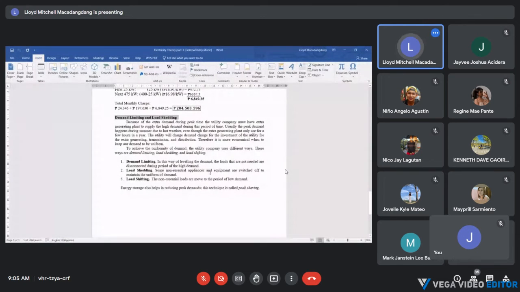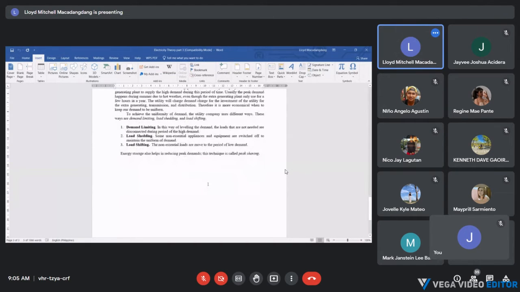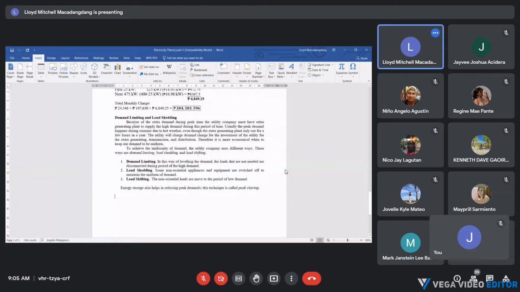Now, demand limiting and load shedding. Because of the extra demand during peak time, the utility company must have extra generating plant to supply the high demand during that period. Usually the peak demand happens during summer due to hot weather, even though the extra generating plant is only used for a few hours in a year.